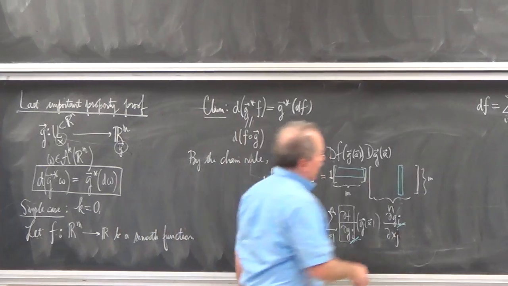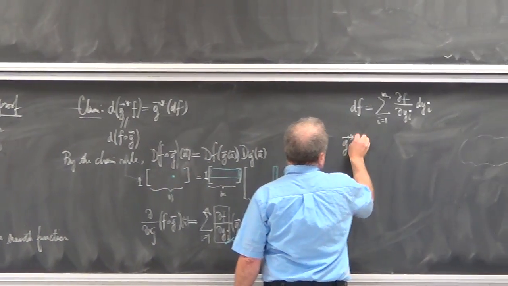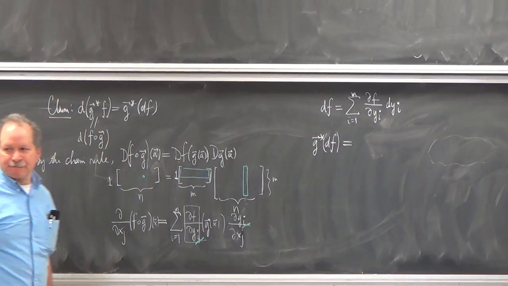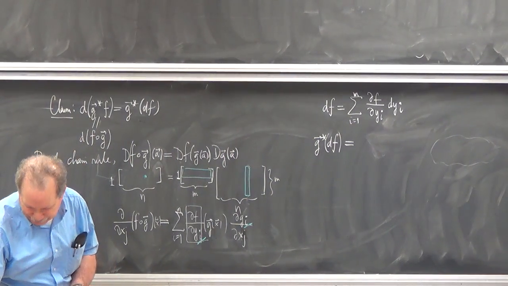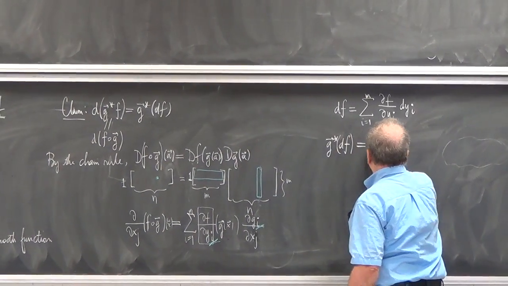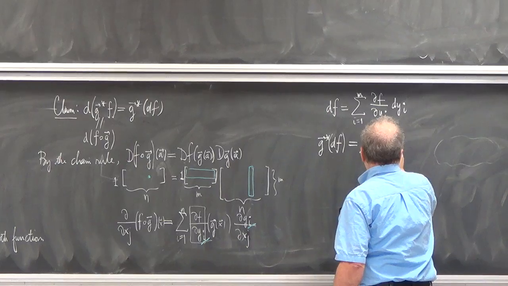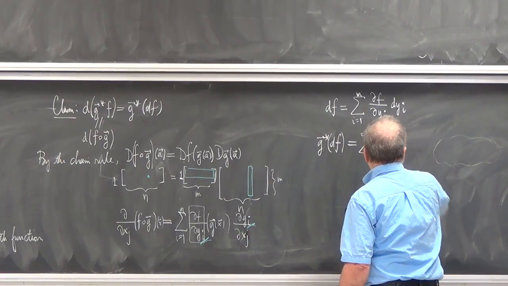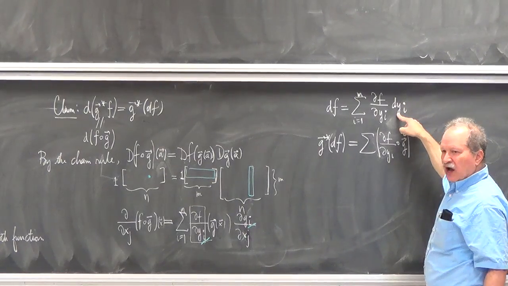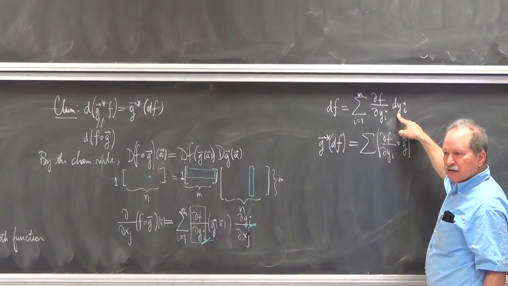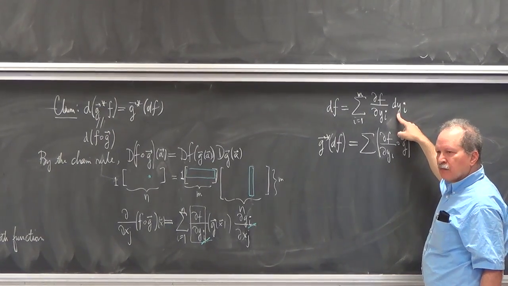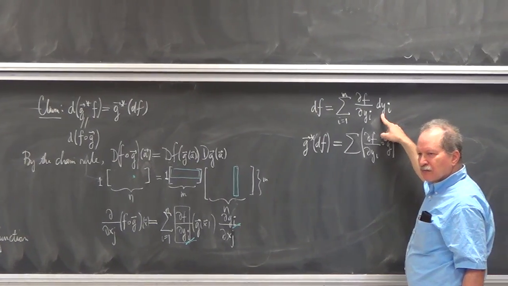How do I pull back this one form by g? What's the rule? You evaluate df at g, composed of that. And then I do what with the dy's? They become dgi's.